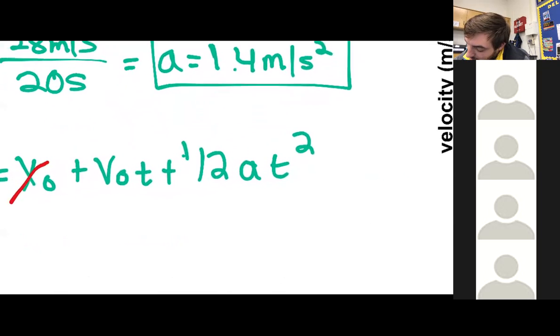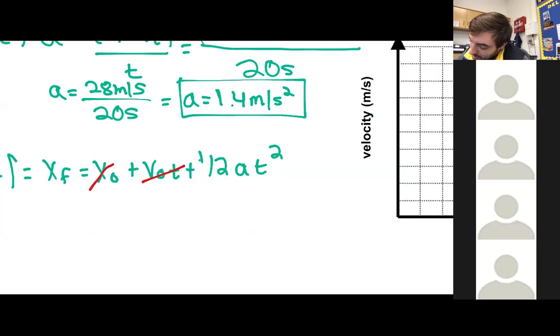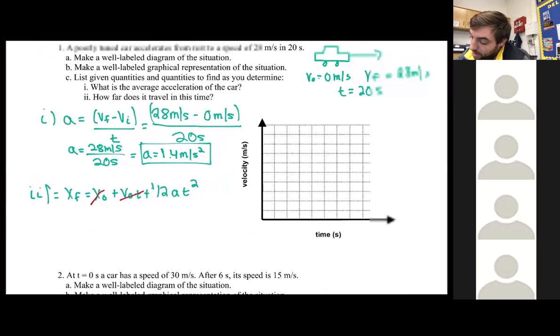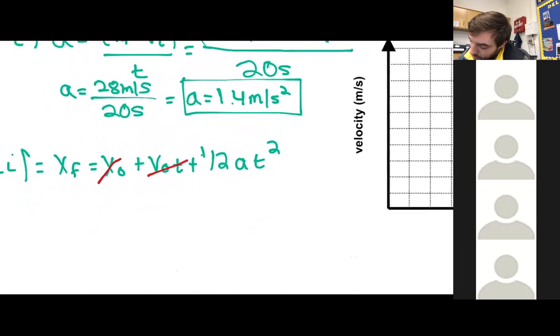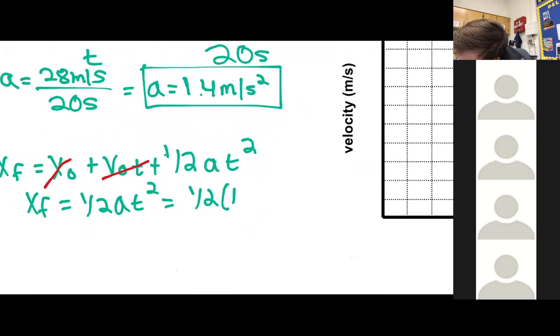Initial velocity is 0, so this whole thing, initial velocity and time, cancel out because we started at rest. So I just have xf equals 1/2 at squared left to deal with. I fill in the 1.4 meters per second squared that I just found, and my time of 20 seconds squared.